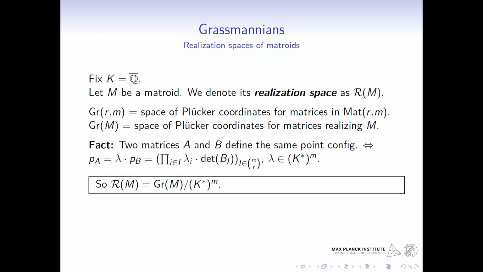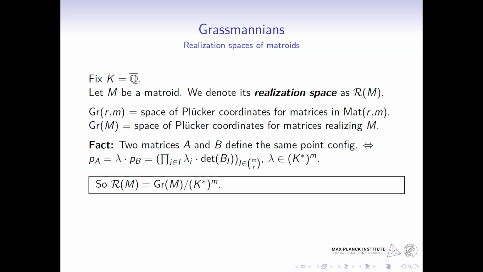Now, two matrices give us the same point configuration, when we think about a matrix that realizes our matroid as a point configuration in projective space, whenever there's a scaling of the columns, right? The scaling of the columns is just taking a different representative of my point in projective space.